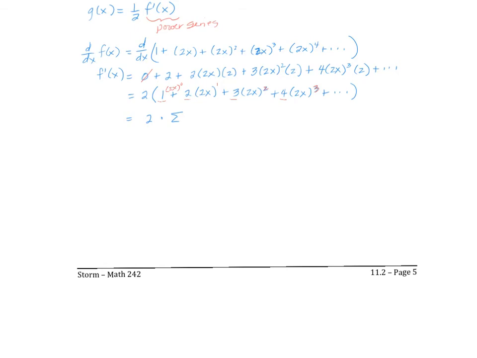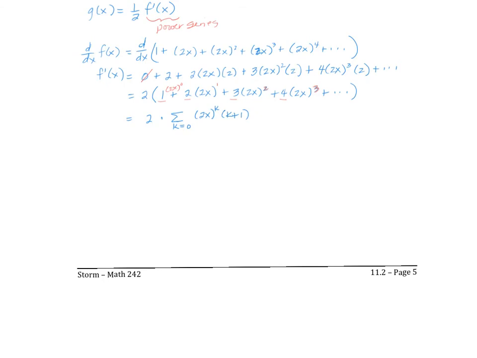So I can either define my k in terms of the exponent or in terms of the coefficient 1, 2, 3, 4. And I choose to define my k in terms of the exponent. So if I start with k equal to 0, then I'll have 2x to the k. So that gives me 2x to the 0, which is 1, 2x to the 1, 2x to the 2, and so on. But then I need that coefficient, the 1, 2, 3, 4. Well, if k starts at 0, then it looks like it's k plus 1.